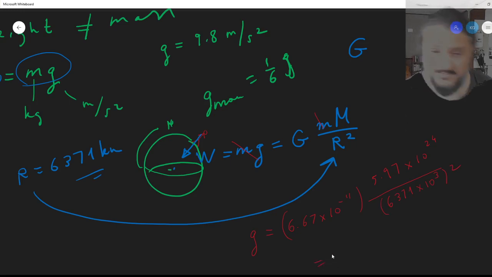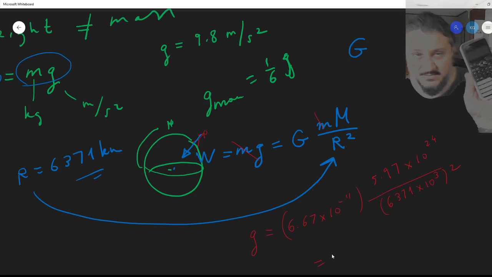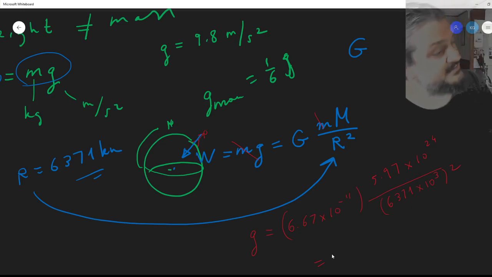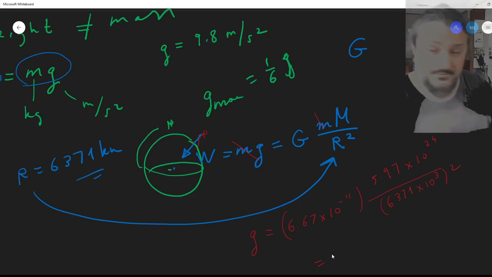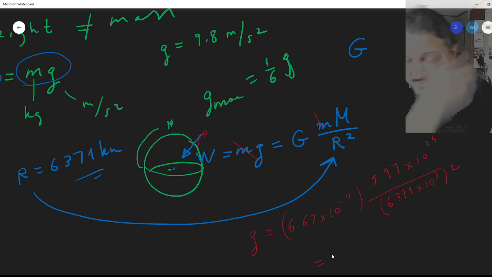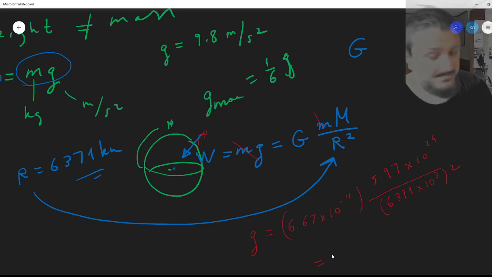So let's do the math here. Okay, take your calculator, Casio FX991EX. I know how to use this one. If you have a Texas Instruments, learn how to punch in numbers with exponents, right? So 6.67, 10 to the negative 11 times 5.97, 10 to the 24 divided by 6,371, 10 to the third, squared.